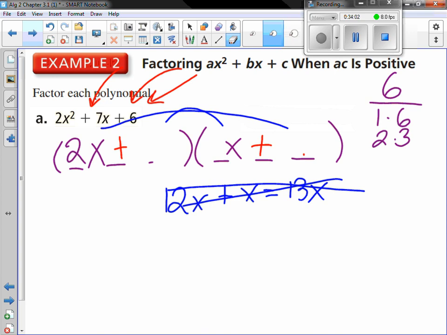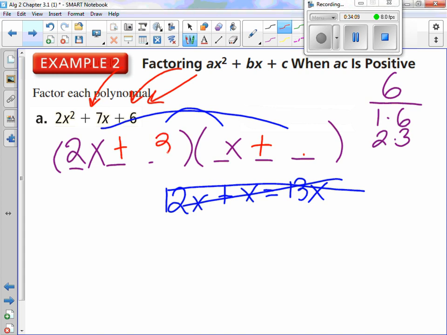Does that make sense? Okay, so we move on to the other one, 2 and 3. So this one here has to be 3, and this one has to be 2. 2x times 2 plus 3 times x is what we wanted.